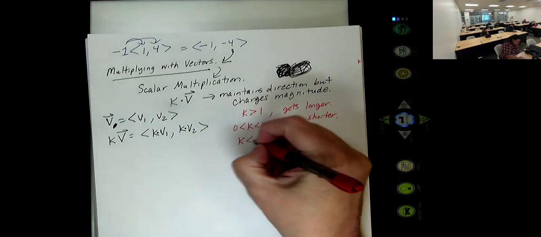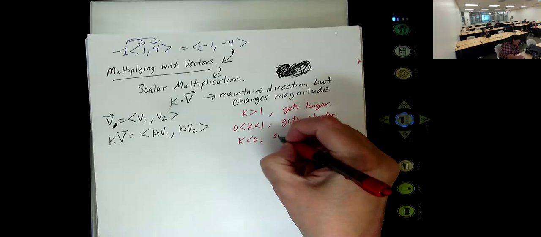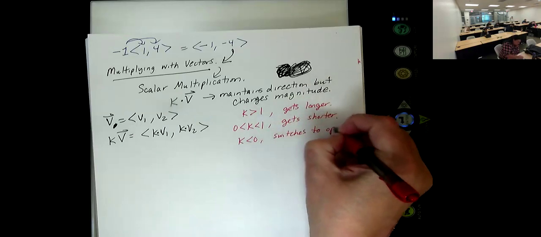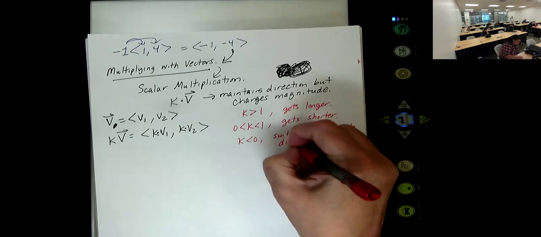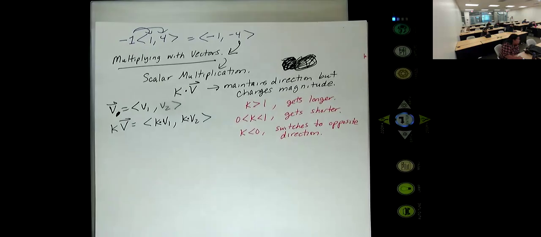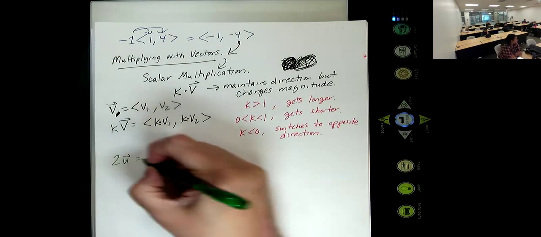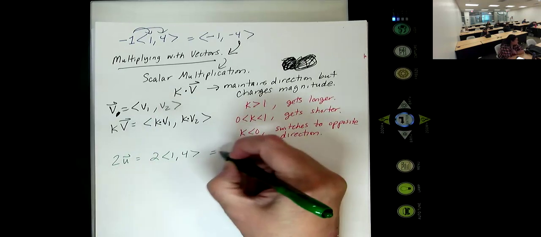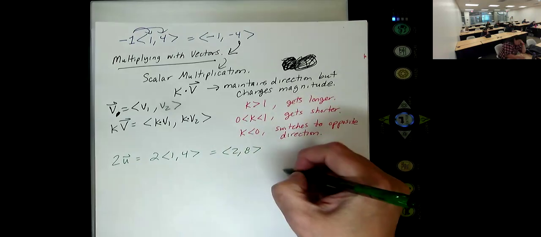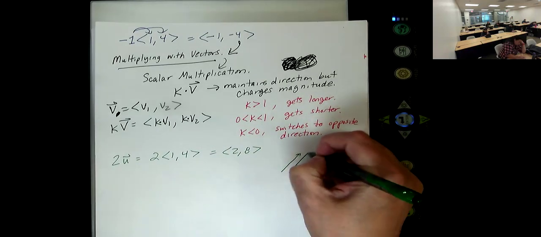And if K is less than 0, it switches to the opposite direction. So if I wanted to say 2 times u, I would have 2 times 1, 4, which is 2, 8. I went from that to being that.